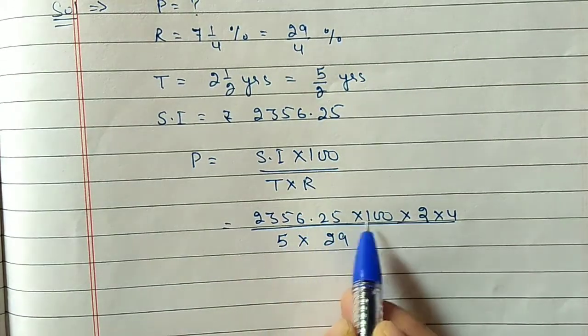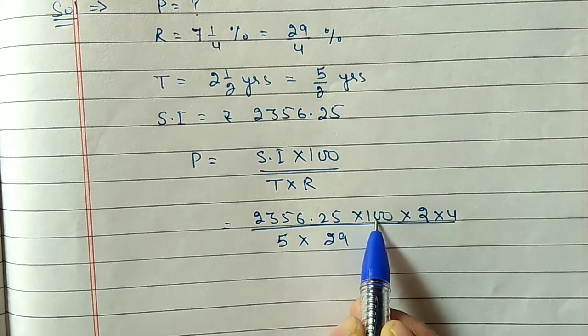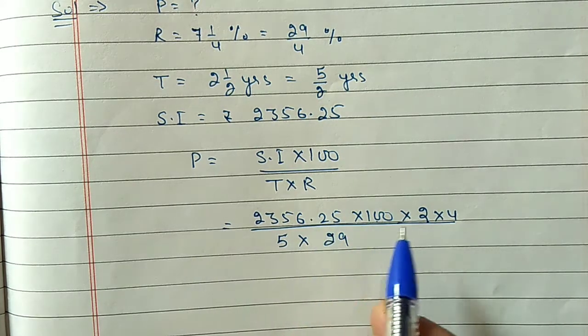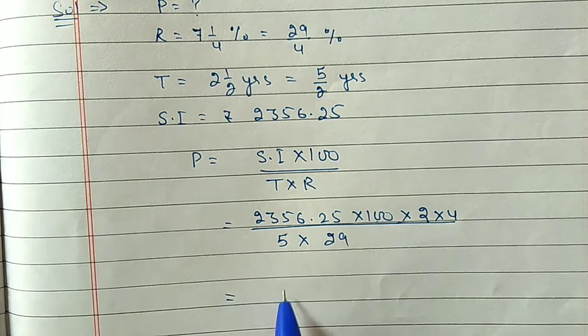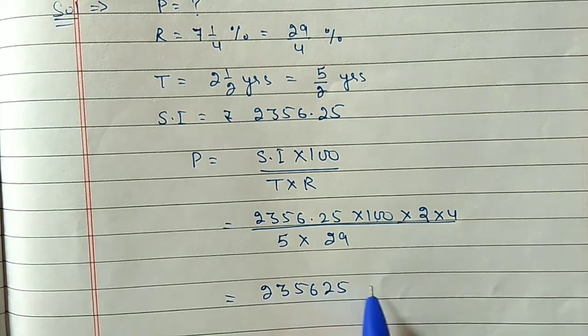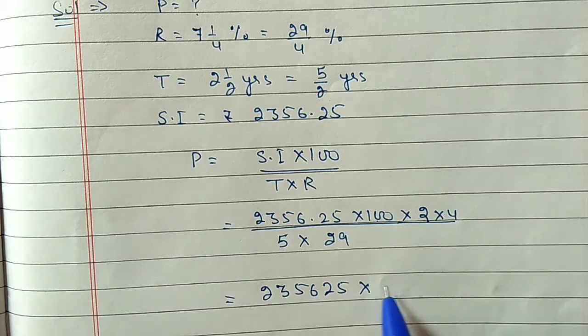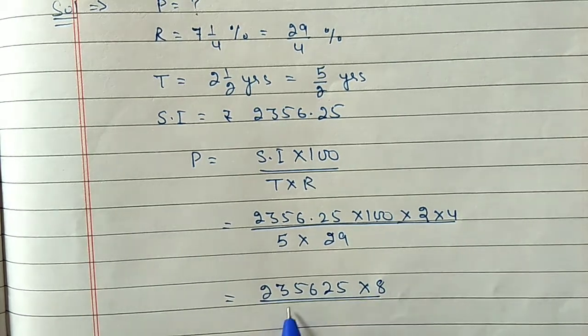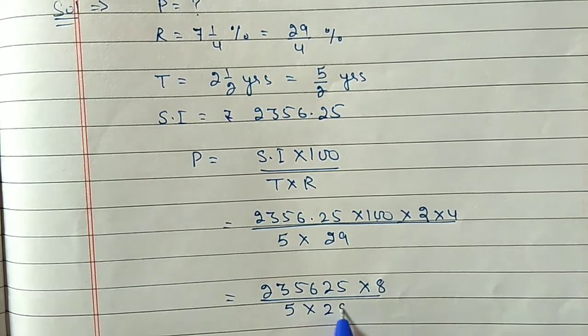Now when you multiply this with 100, the 2 decimal places will go and you will get 235625 into 2 into 4, you can multiply, 8, divided by 5 into 29.